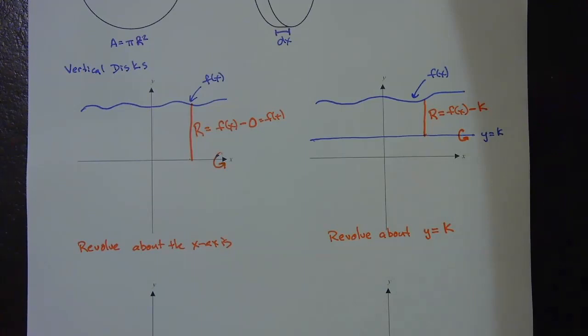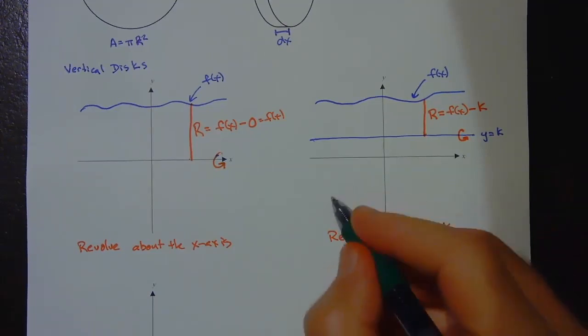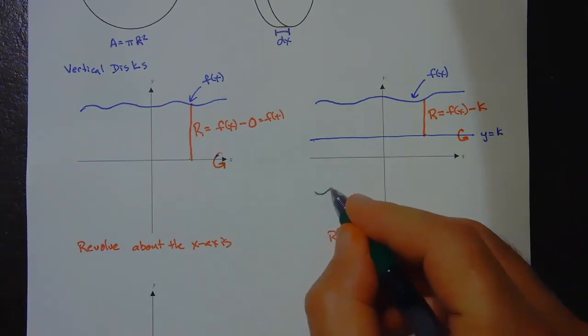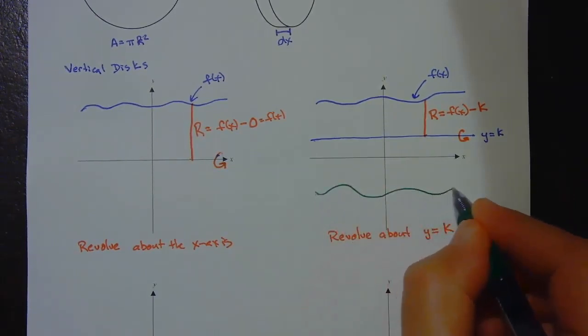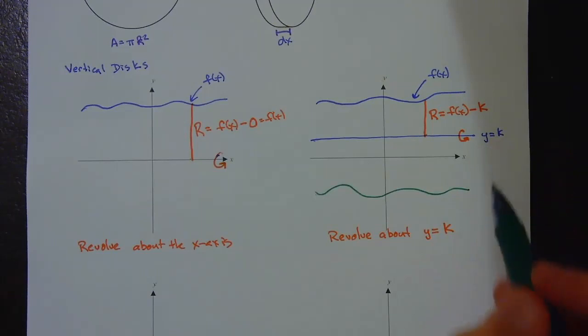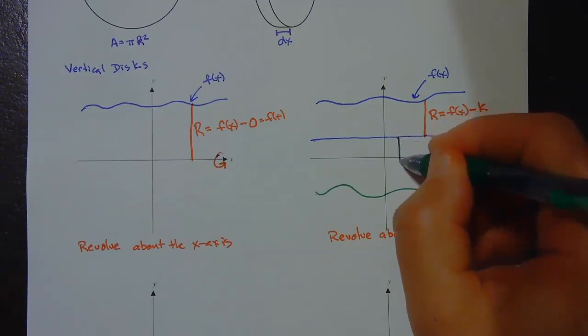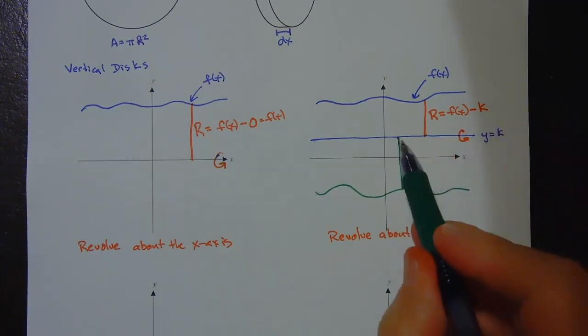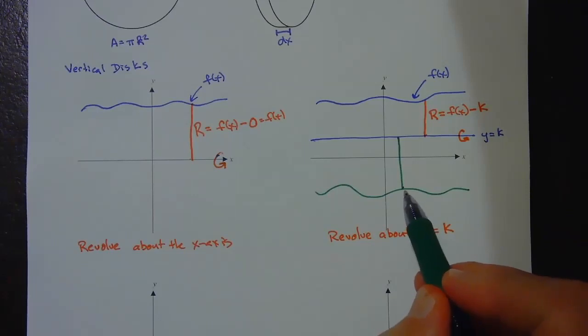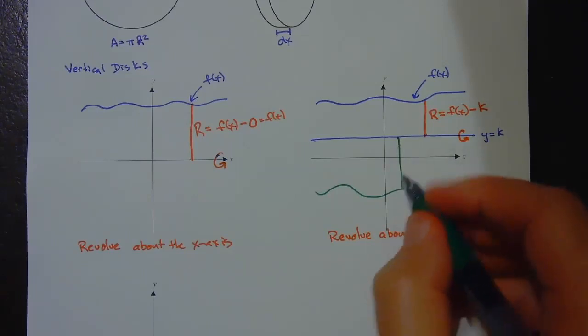Let me grab a different color and I'll show you. Let's say we have this, our g of x function, and we still want to rotate around the line y equals k. Then it's going to look like this: from the line we're rotating around, the axis, to the curve, we're always going to draw that.